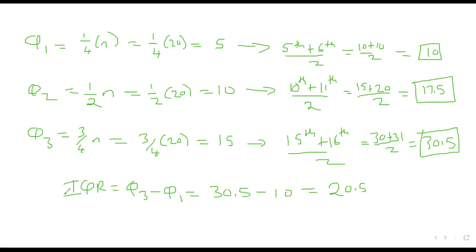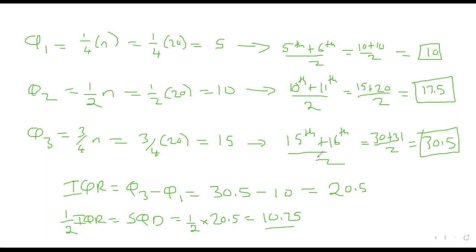When we have the interquartile range, what we get is called the semi-quartile deviation or semi-quartile range if you want. So half of the 20.5, we're going to get 10.25. So this 10.25 is called the semi-quartile deviation. It's half of the interquartile range.